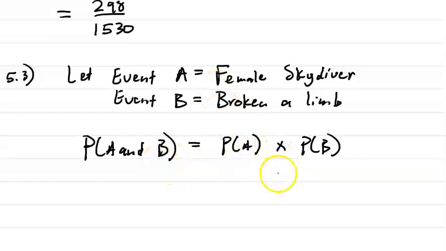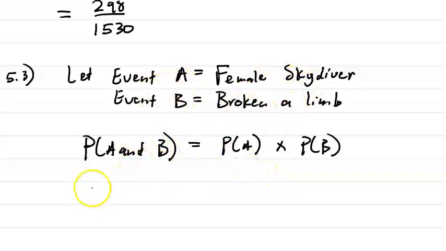If this statement is false, then the events are dependent. So we're going to see whether the events are independent or not. Let's see. The probability of A and B will be a female skydiver who has broken a limb.